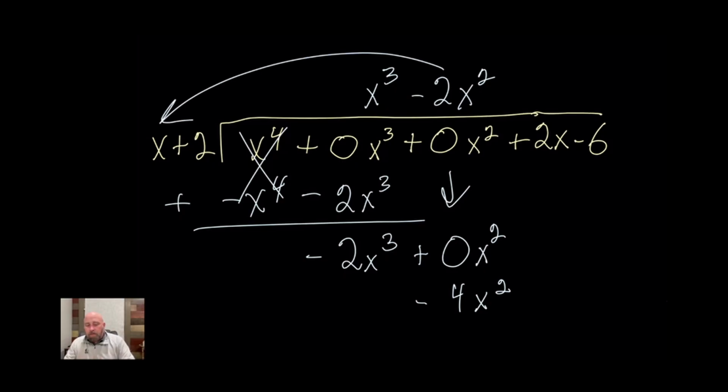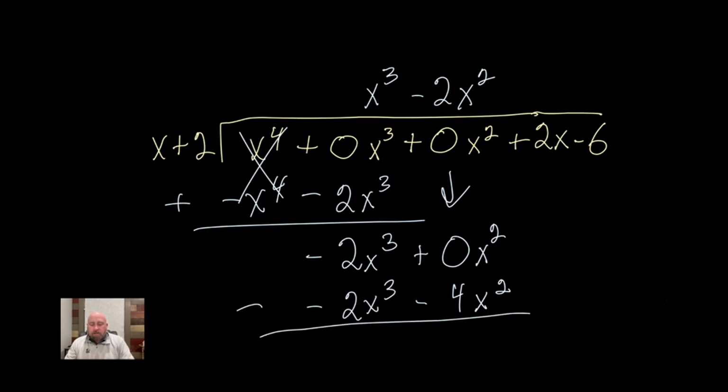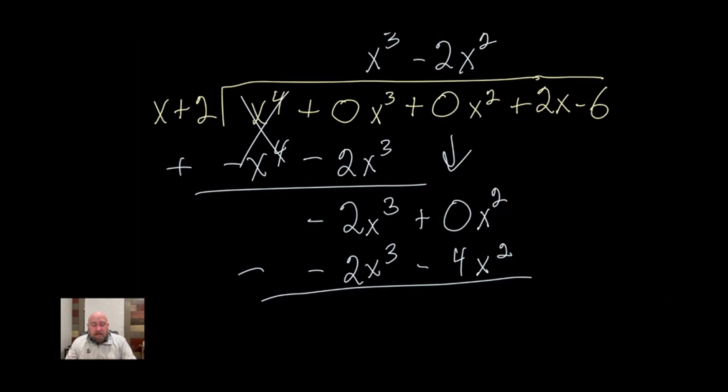And then here we're going to get a -2x cubed. And then we're going to subtract these. So we change the signs of the second one, so we make those positive signs, and then we add.